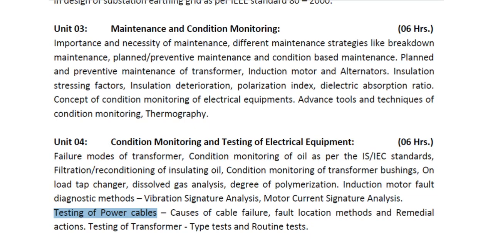Now there is a question: what are the disadvantages of electrical power cable? One can say that we cannot transfer a high amount of voltage via electrical power cable.